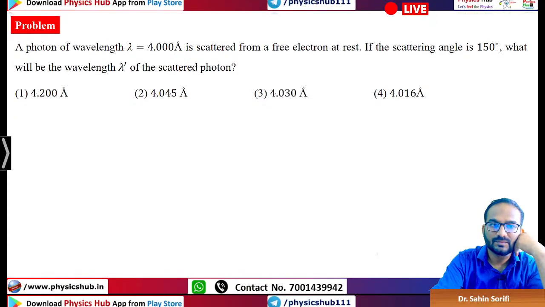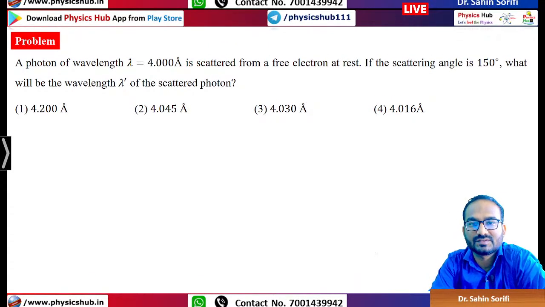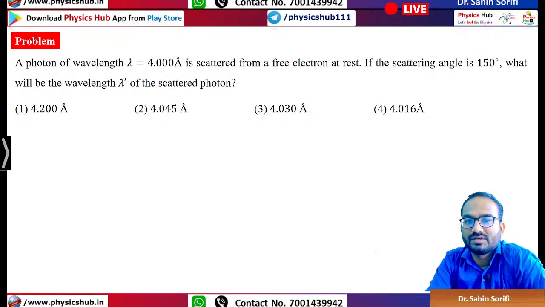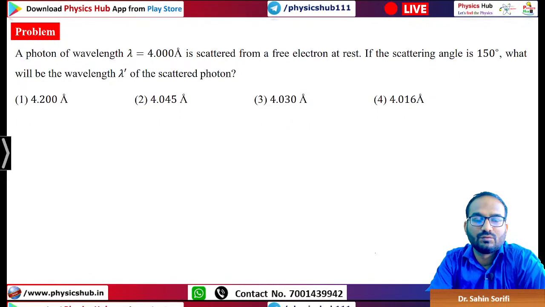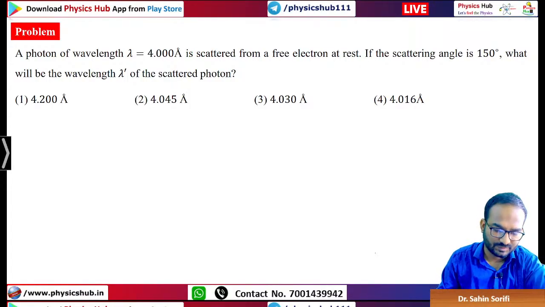Let's do this problem. A photon of wavelength lambda equal to 4 angstrom is scattered from an electron at rest. If the scattering angle is 150 degree, what will be the wavelength lambda prime of the scattered photon? Can you do this problem?